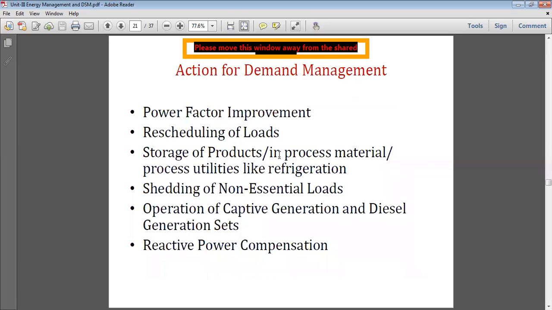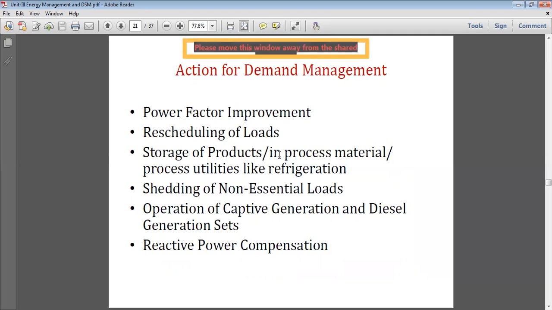Now, how to achieve demand control or demand management? Demand management can be achieved by some methods. First is power factor improvement, which we have already considered in detail: what are the advantages of improving power factor, technical advantage and economical advantage. Second is the rescheduling of load, we will see one by one.